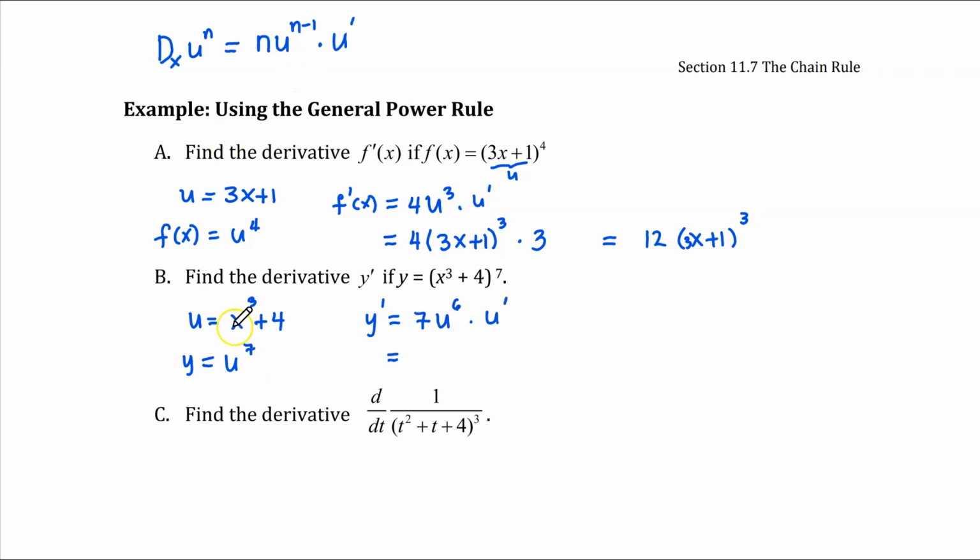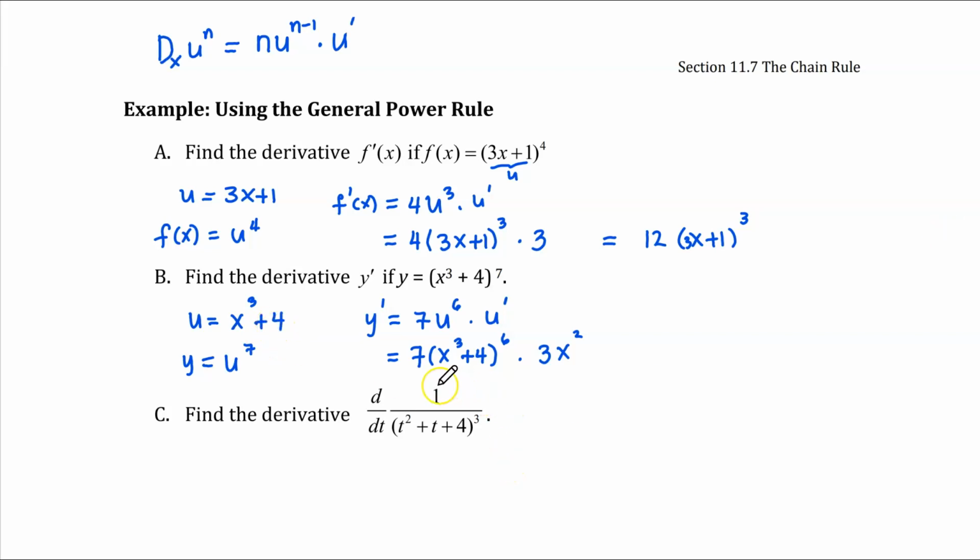And since our u is equal to x cubed plus 4, we therefore have 7 times (x cubed plus 4) to the 6th times the derivative of x cubed plus 4. Differentiating this, we have 3x squared plus the derivative of 4, which is 0.